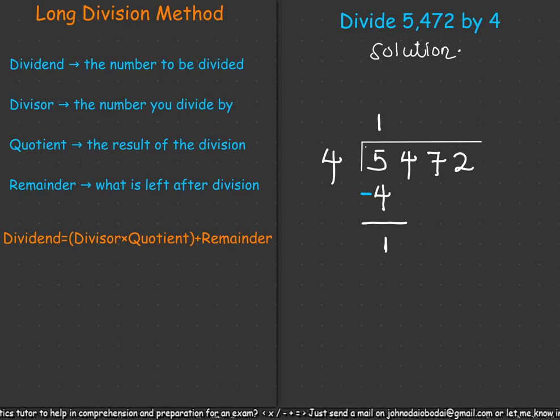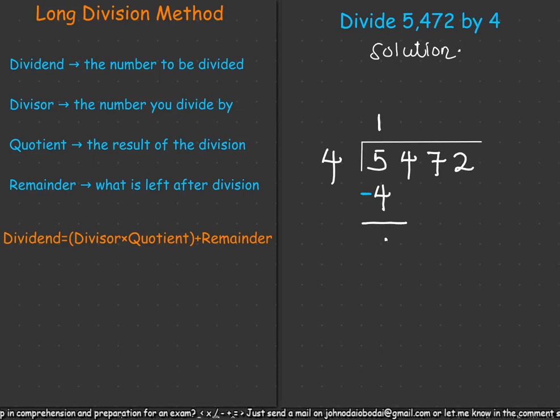As I said, you write your 1 just on top of the 5. After writing your 1, you multiply it again by the divisor, and you write your result down here. So it's actually 4. After writing our result, we subtract: 5 minus 4 giving us 1.